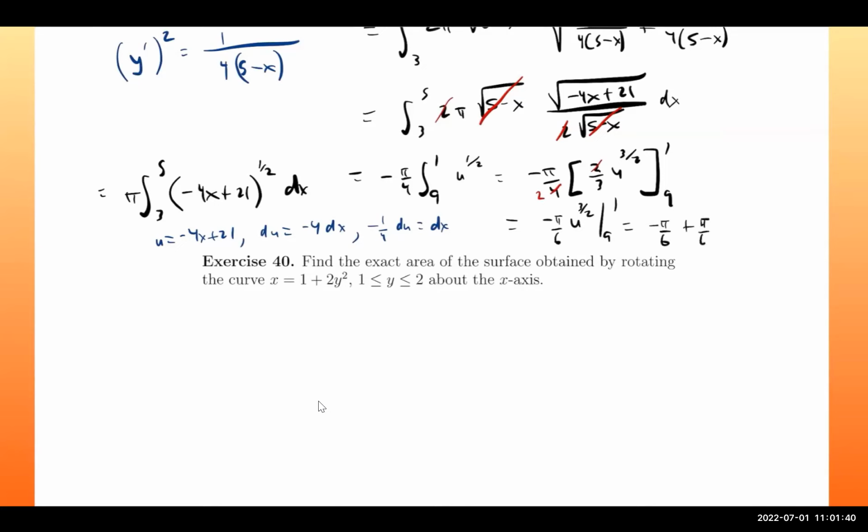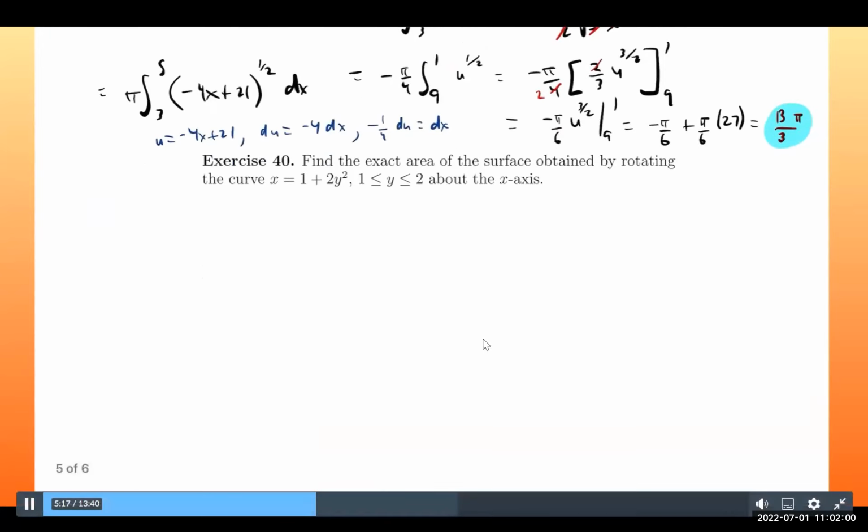And that's just going to be negative pi over 6 plus pi over 6 times 27, which turns out to be 26 pi over 6, which turns out to be 13 pi over 3, which is our final answer. So that is the surface area.